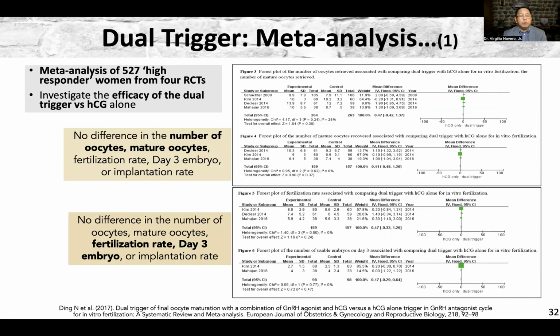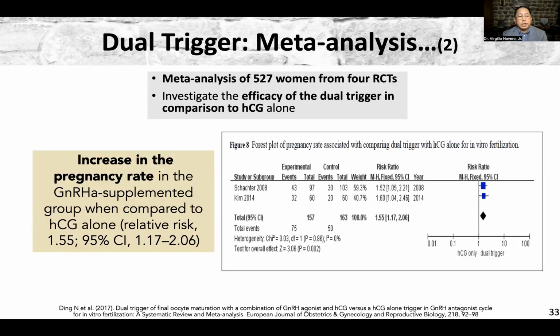And they found no difference in the number of oocytes retrieved, the number of mature oocytes retrieved, fertilization rate on day 3, and implantation rate, but there was an increase in the pregnancy rate in the GnRH agonist supplemented group.